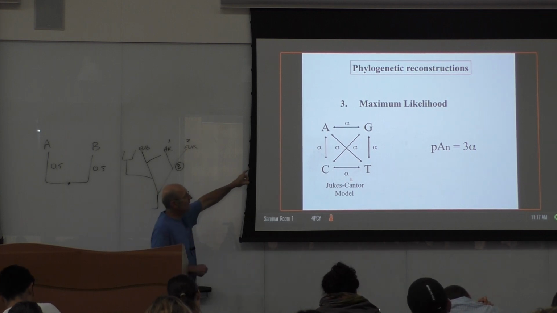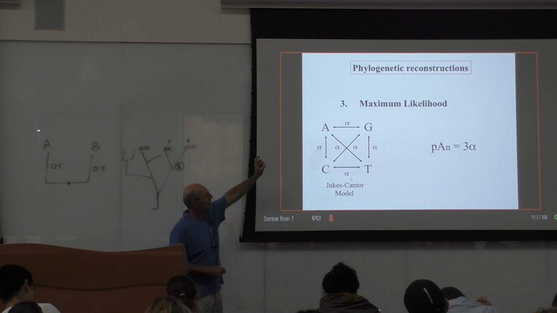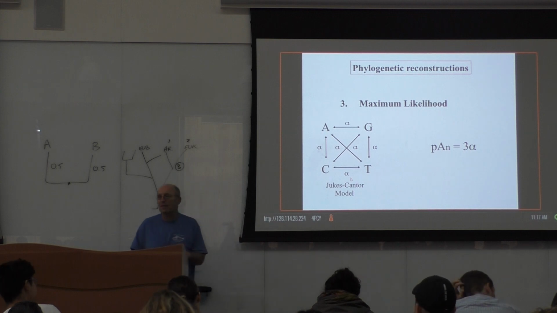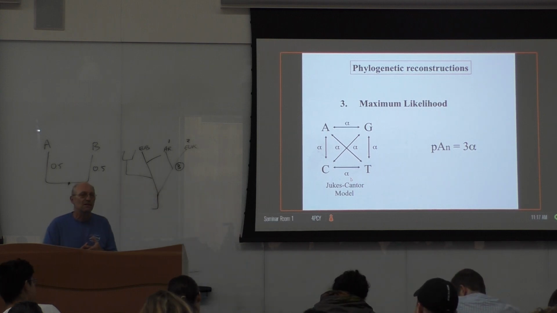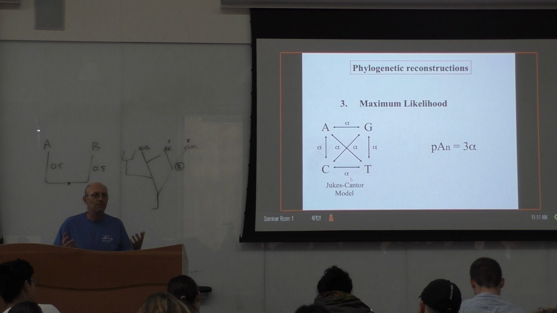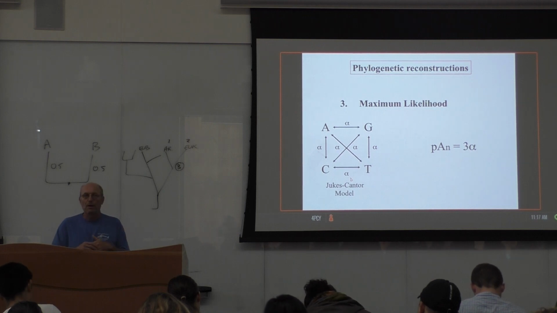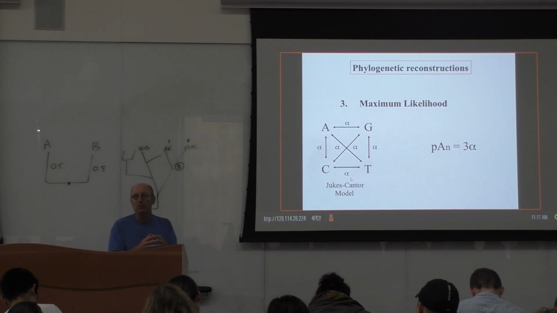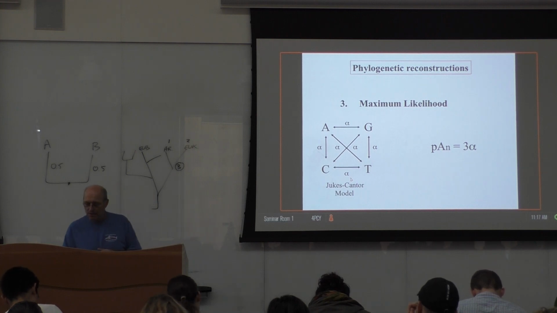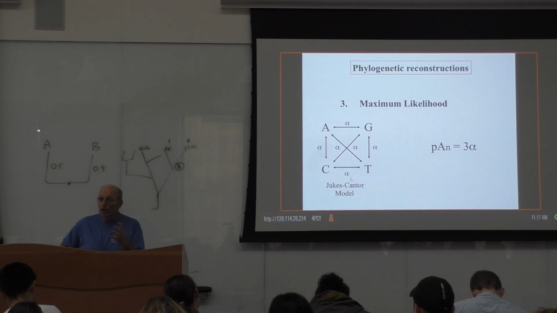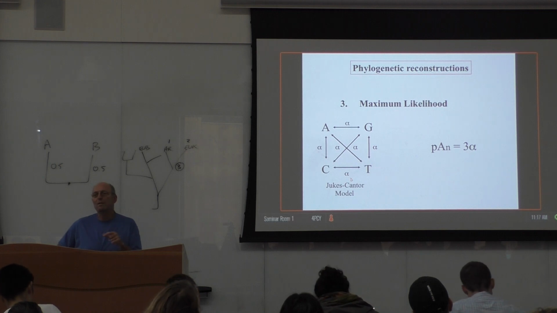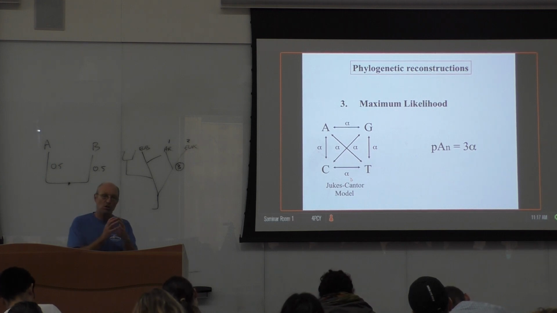Because the probability for A to turn into a G is alpha, the probability for A to turn into a T is alpha, and A to C is alpha. Actually, every single probability is considered the same, alpha. So the chance for an A in a specific position to change is 3 alpha, and the chance for A not to change is 1 minus 3 alpha, meaning there's no change.